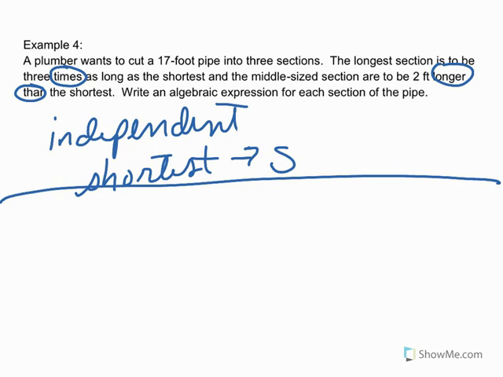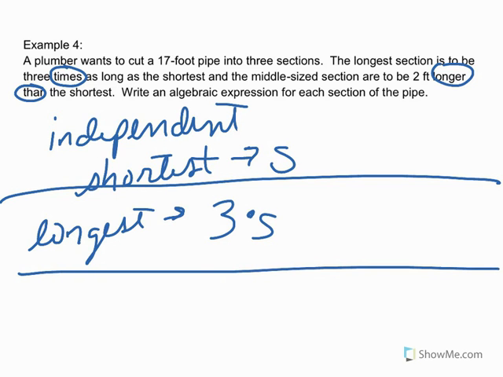So we already know the shortest is S. Let's talk about the longest side. In the example, they told me that the longest side is to be 3 times as long as the shortest. So the longest side can be expressed as 3 times S. Then they also tell us a little bit about the middle size section.